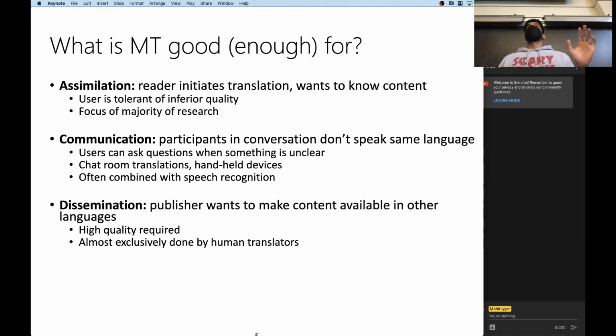So this has a whole other set of issues, like you need to prioritize the latency of the system as well as the quality. There's a whole subfield of machine translation devoted to simultaneous translation. And finally, the highest quality required is, say I have, for example, a novel that is written in a different language, and there's no human translation of that novel available.